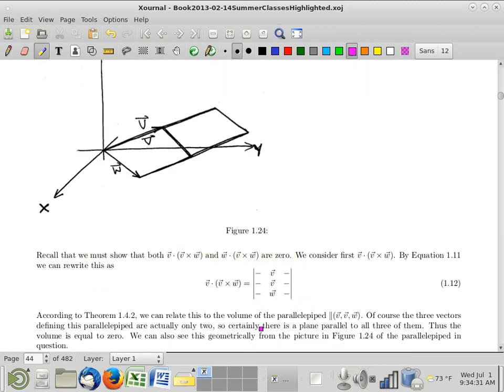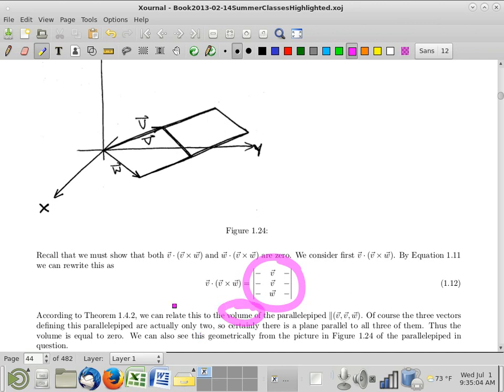Keeping in mind we're interested in the dot product of V with the cross product because we want to show that the cross product is perpendicular to V. So check the dot product is 0. Well, now that we have the previously done algebra, we realize that this is a triple product and therefore a determinant, and therefore, based on what we talked about last time, a volume.